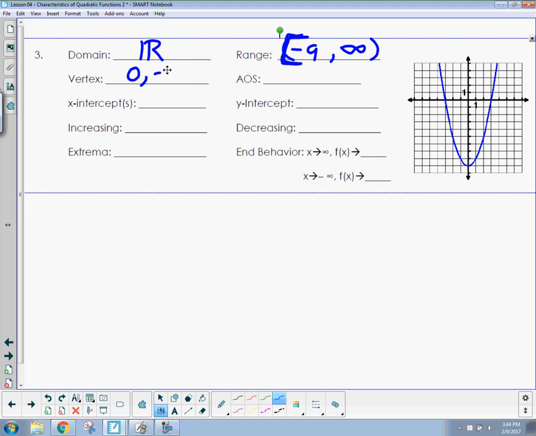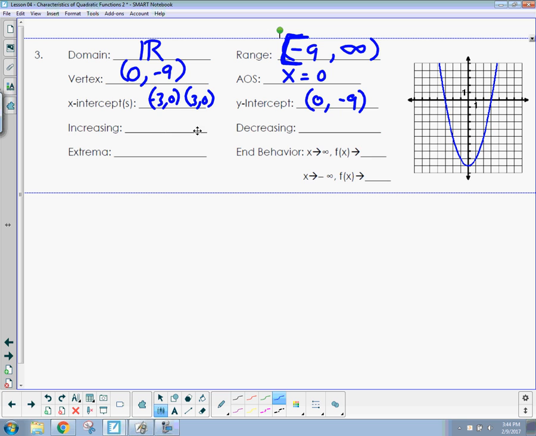Axis of symmetry will be x equals 0. Sorry, I was trying to get rid of that dot. X-intercepts, that'll be 1, 2, 3. So we're looking at (-3, 0) and (3, 0). Y-intercept, that'd be the vertex, so (0, -9).